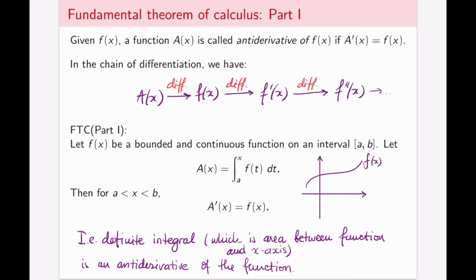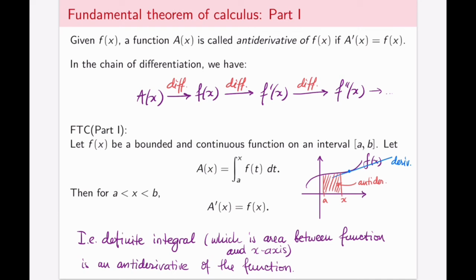If I take a derivative at some point, the derivative is the slope of the tangent line, and if I compute the definite integral between some point a and some point x over here, then the area bounded by the function and the x-axis is the antiderivative. This is somehow connected to the derivative, and this is connected to the antiderivative.